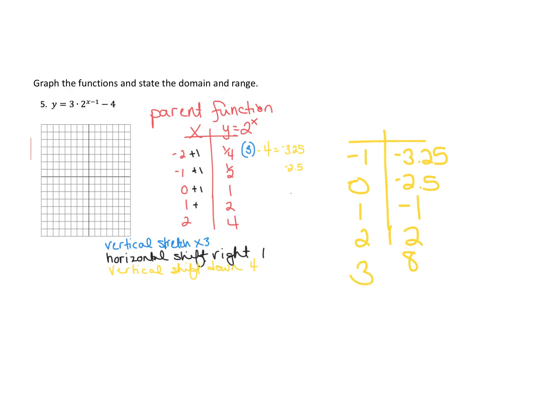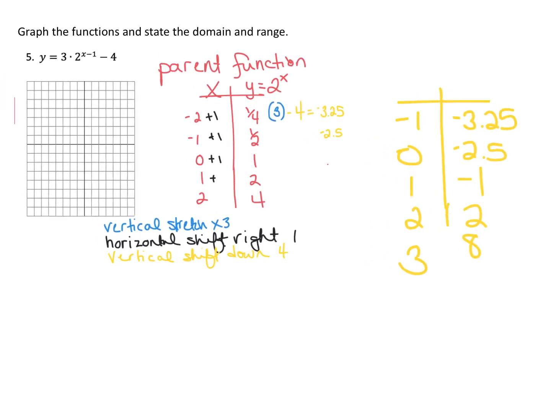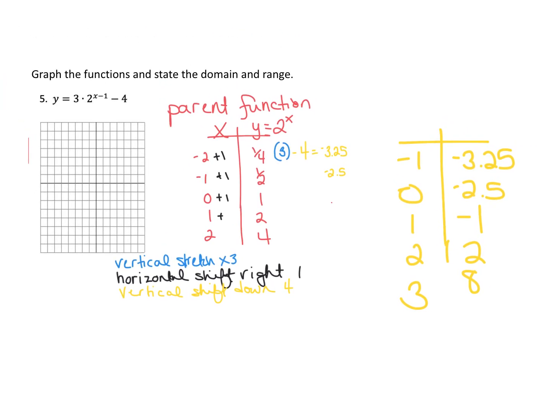So if I graph these ordered pairs now for my transformed function, I will get a function where the horizontal asymptote would be shifted down 4. It's typically at 0, but it's going to be shifted down 4 units because of that vertical shift down. And I'm just going to plot my other ordered pairs. 0, -2.5, 1, -1, 2, 2, and 3, 8.